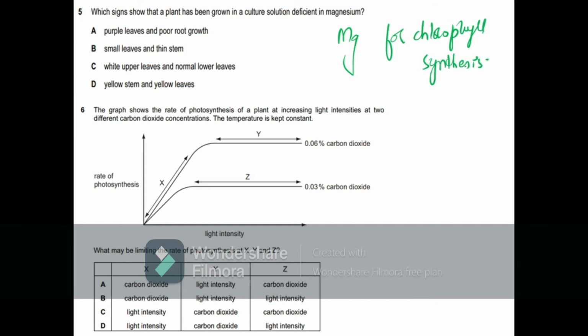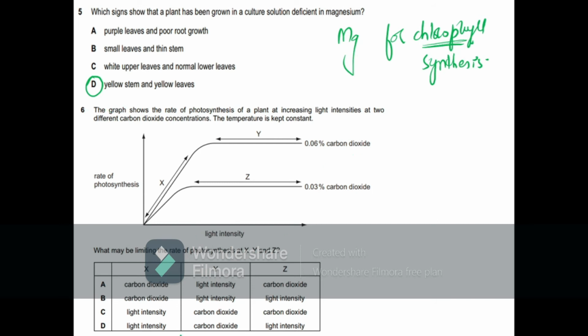So if there is no magnesium, what will happen? Purple leaves and poor root growth, no. Small leaves and thin stem, no. White upper leaves and normal lower leaves, no. Yellow stem and yellow leaves. This is the right option, because in absence of chlorophyll, what will happen? Leaves start to become yellow, and also the stem.